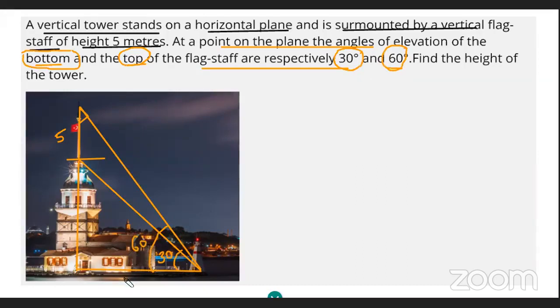We don't know the distance between the point where the observer is and the bottom of the tower, and the height of the tower. So I'm going to draw this and we'll solve. So this is how it looks. This is the tower, a point at the ground, my flag, bottom angle of elevation, top angle of elevation.